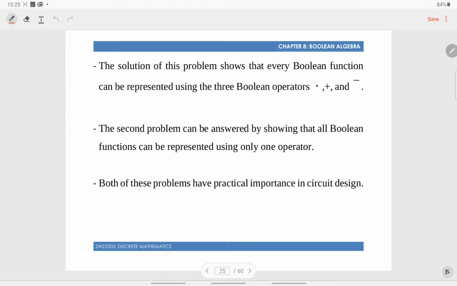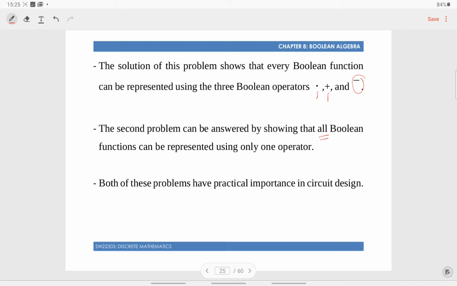The solution of the first problem shows that every Boolean function can be represented using three Boolean operators: Boolean product, Boolean sum, and also the complement operation. The second problem can be answered by showing that all Boolean functions can be represented using only one operator.